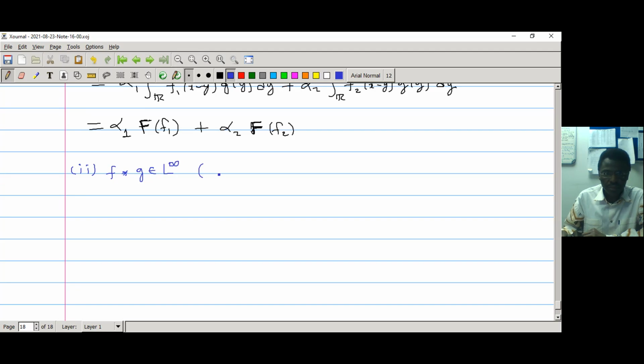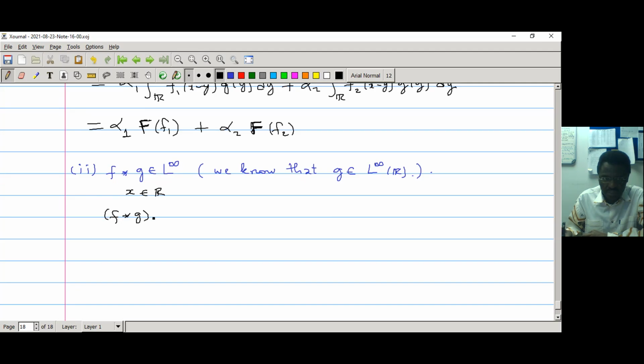So we know, and I just justify, that G is in L infinity. All right, so it's there. To show that something is in L infinity, just show that it's essentially bounded. So I take x arbitrarily fixed, and then I compute this.